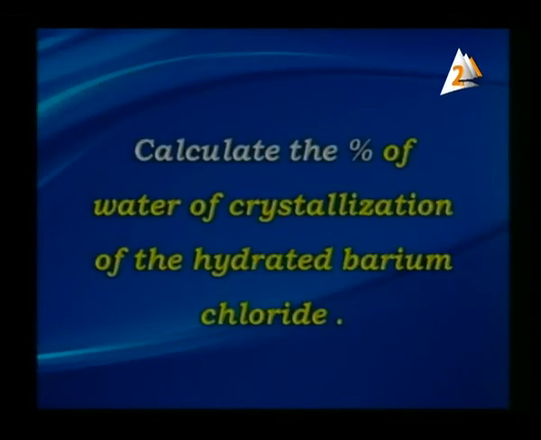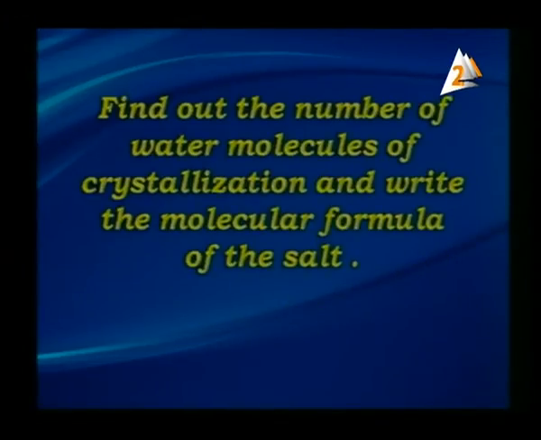Now find or calculate the percent of the water of crystallization of the hydrated barium chloride. This cannot be done without an equation, and you must do it as steps. As a beginning, we find out the number of water molecules of crystallization and write the molecular formula of the salt finally.